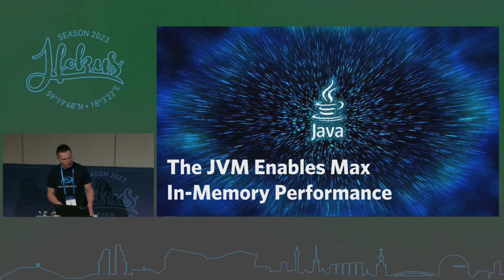So we wanted to know if Java is fast enough for in-memory computing, and I believe it's super fast and absolutely suited for in-memory data processing because of the JVM performance. We have the JIT compiler, and with GraalVM native images, we are now able to compile a Java application into a native image, and this is also executed very fast. So Java is absolutely suited for in-memory data processing.